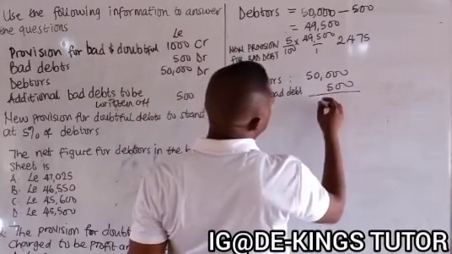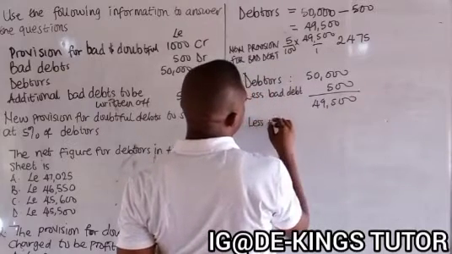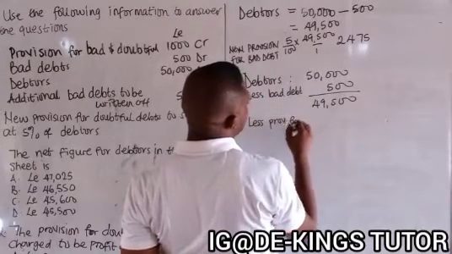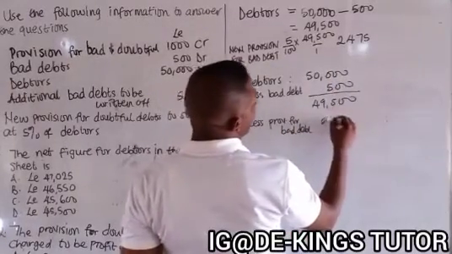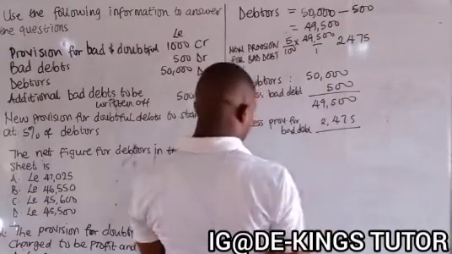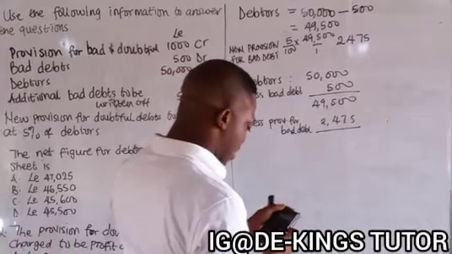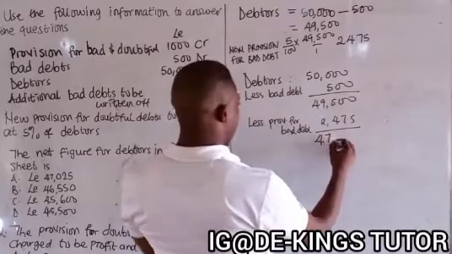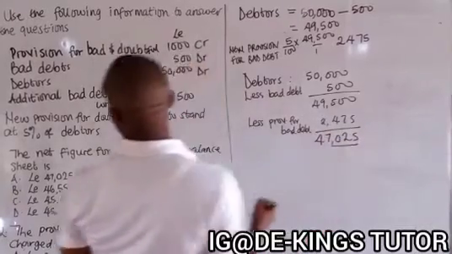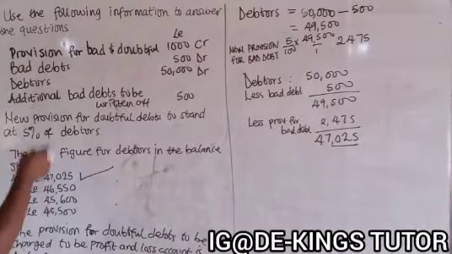So 50,000 minus 500 will give us 49,500. Now less provision for bad debt, and the provision will be the one that was calculated as 2,475. So 49,500 minus 2,475 will give us 47,025. Do we have 47,025 here? Yes, 47,025 is the first one. So that's the first question.